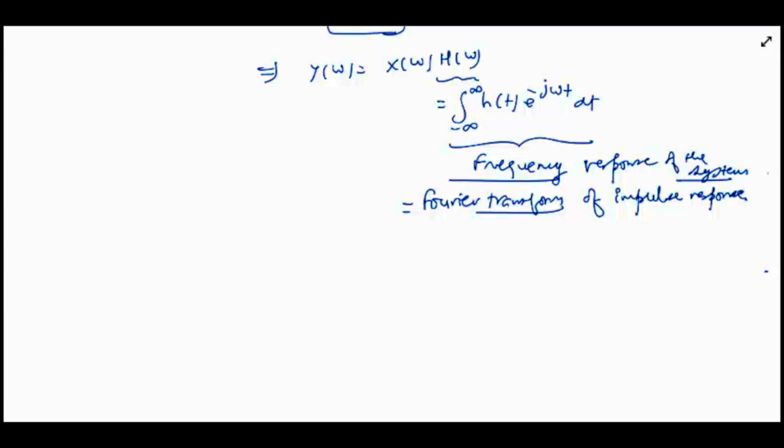Let us now use the relation that we have just derived to get the frequency response of continuous time LTI systems.